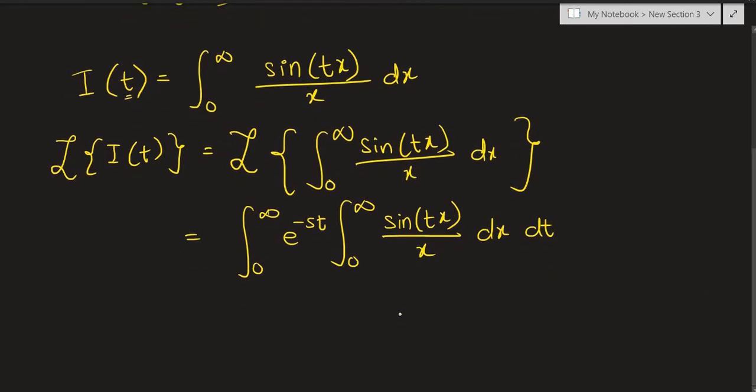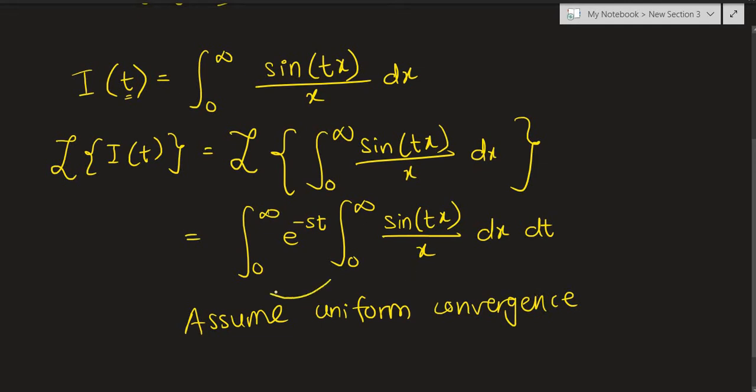So what do we do after this? Like we did in our previous video, I would like to assume uniform convergence again. So I'm assuming uniform convergence. And why do we assume that? Because that enables us to interchange these integrals.